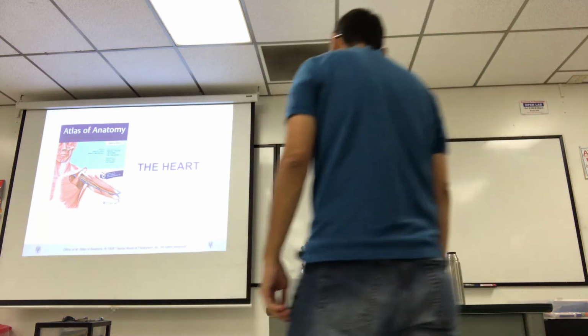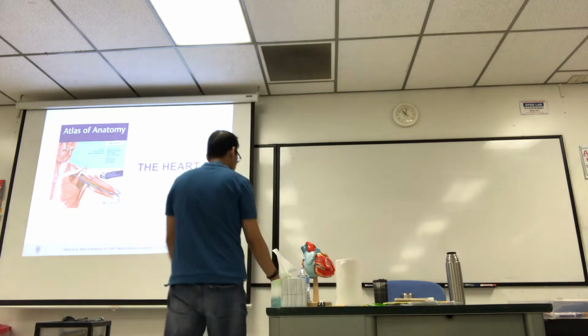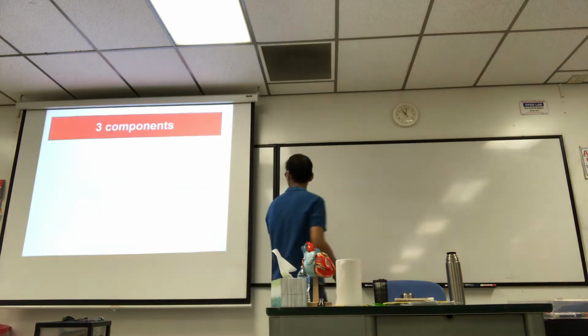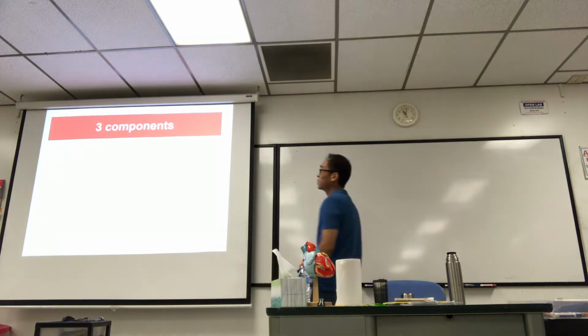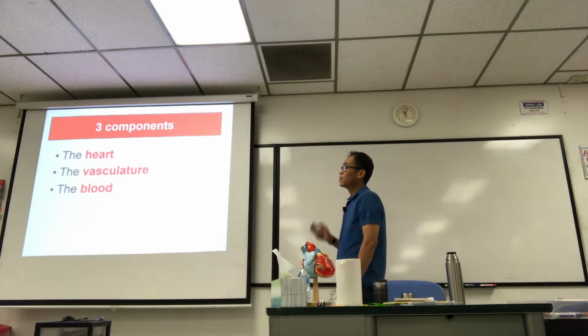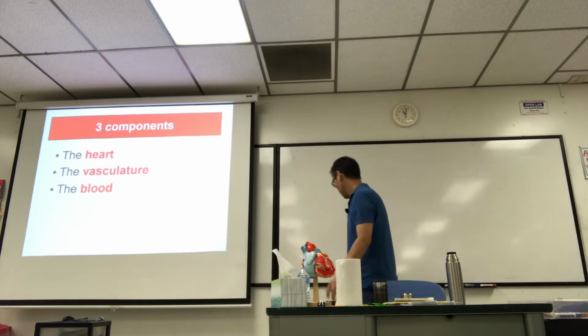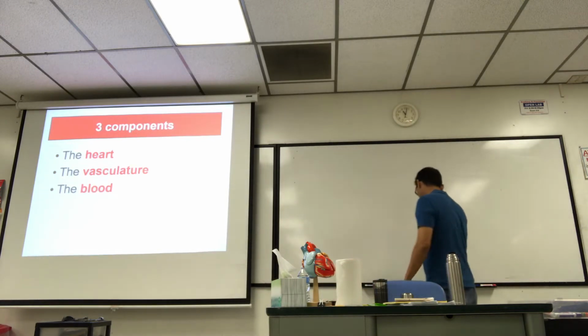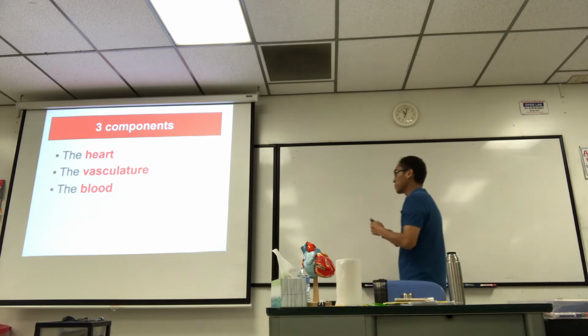So we'll start with the anatomy of the heart. The heart is actually one of three components of the cardiovascular system.